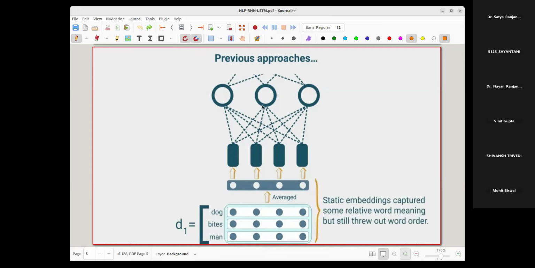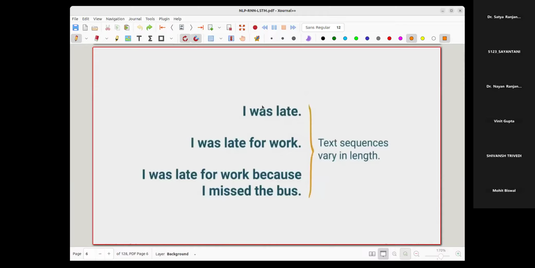It is very good for the base models, but one problem with static embedding is that it throws away the word order, because we know that word order is very important to understand the meaning of the whole sentence. Let's see how. For example, here I have represented three sentences. One is I was late for work, and I was late for work because I missed the bus.